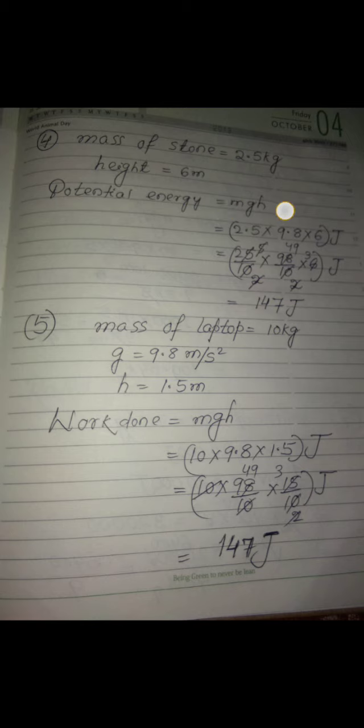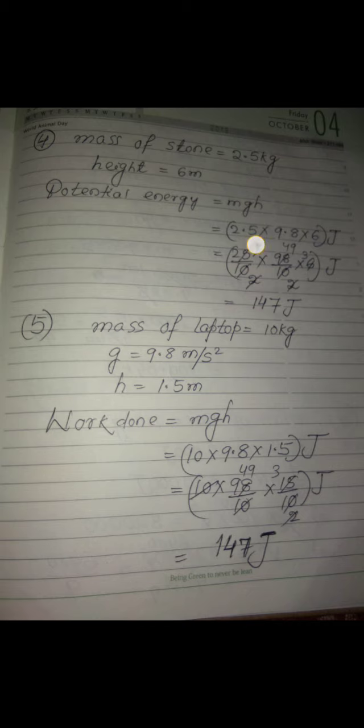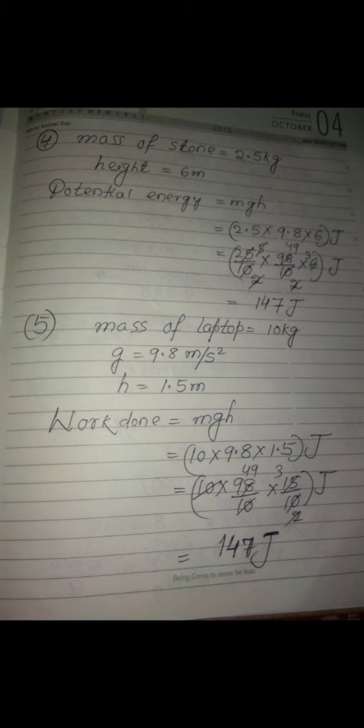Potential energy equals m into g into h. Mass 2.5 into g 9.8. Everybody remember, when the g value is not given to you, you have to remember it is 9.8 meter per second square. If it is mentioned as 10, then you can use 10. Otherwise, always take the value of g as 9.8.